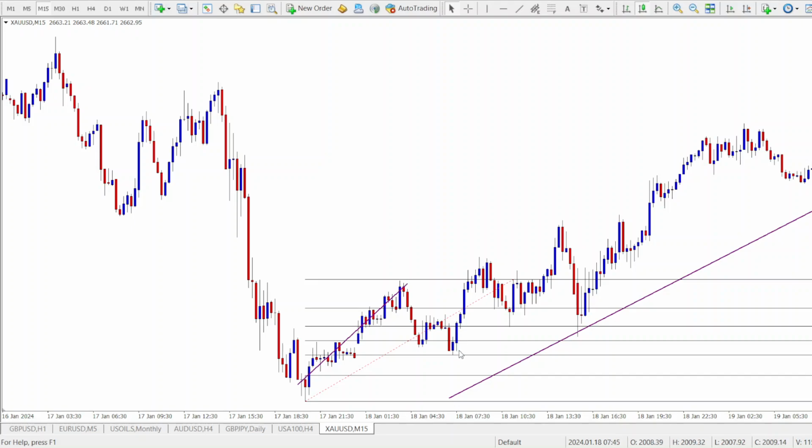So after this pattern formed, this would have been a good point to enter a buy because this is more like a bullish candlestick pattern. All right, so we would have entered a buy around here, and then stop loss can just be below the pattern, and then a take profit can be at the resistance zone, the 0% resistance zone given by the Fibonacci level.